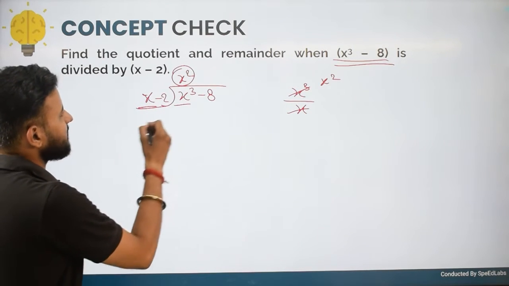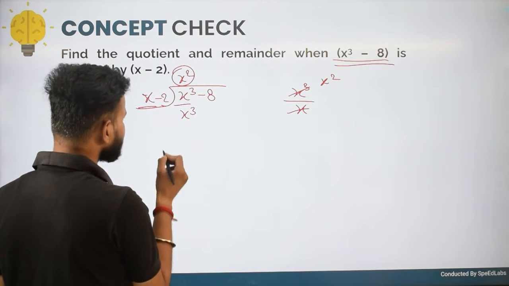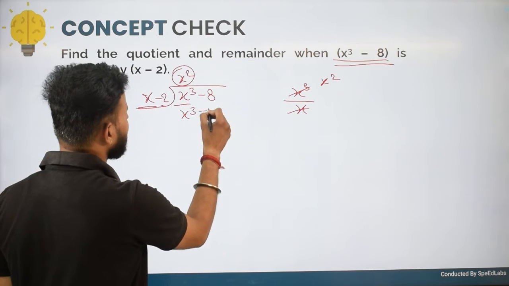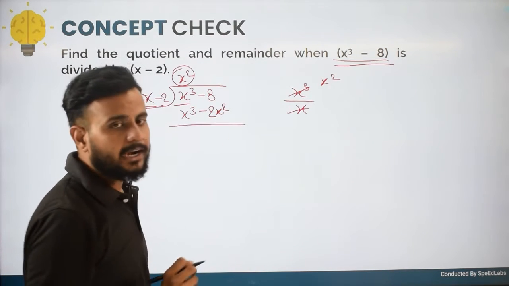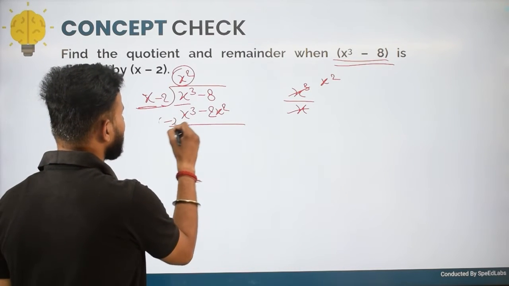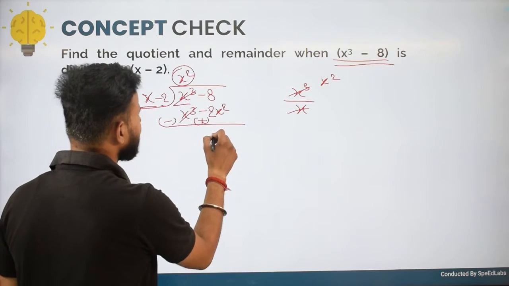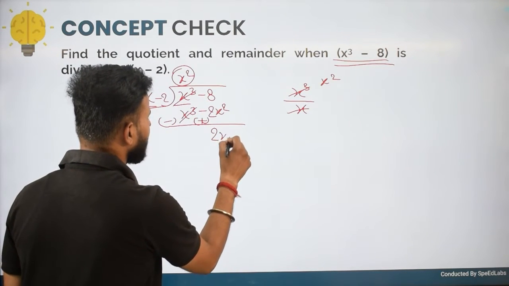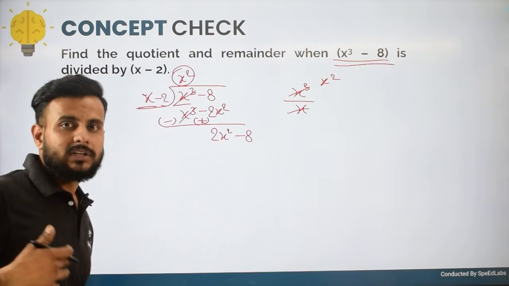So x square times x is x cube, and x square times negative 2 is negative 2x square. Now I subtract it, and while subtracting, the signs change. So the x cube cancels, and I am left with 2x square minus 8.